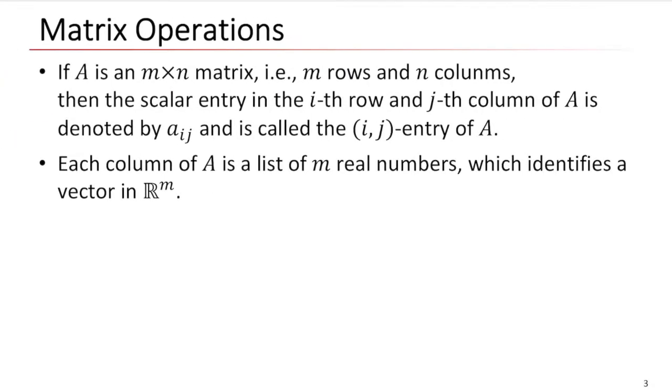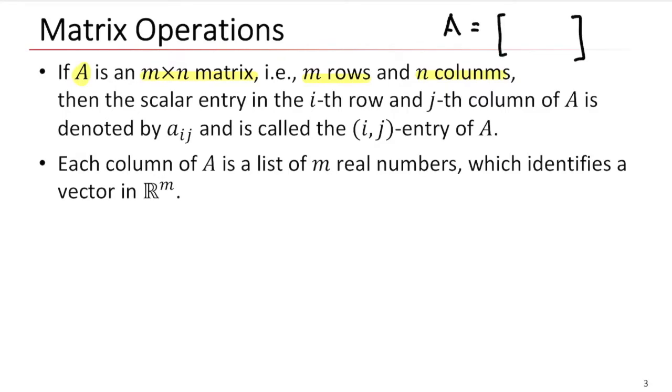Okay, let's start. So first of all, let's think about the matrix A with the size m by n. In this case, this matrix consists of m rows and n columns. What does it mean? The matrix A looks like this, right?